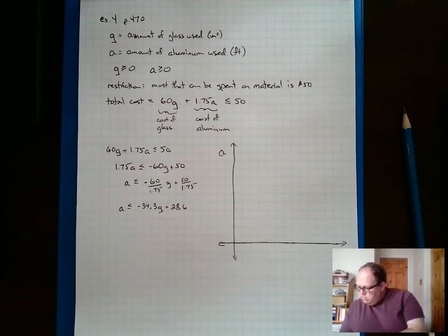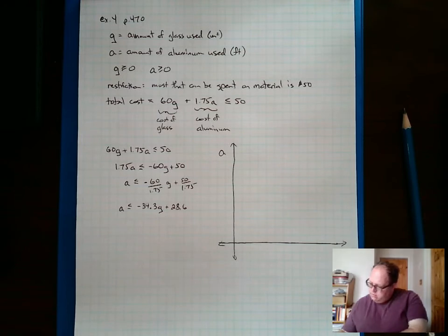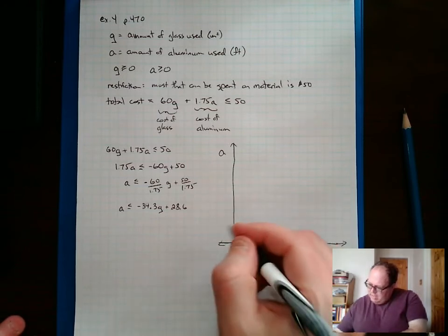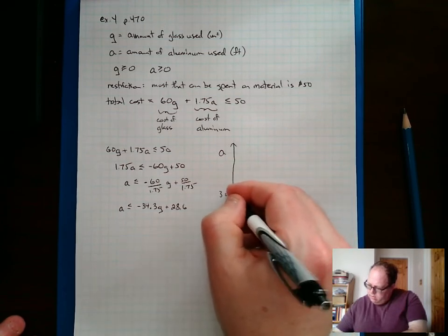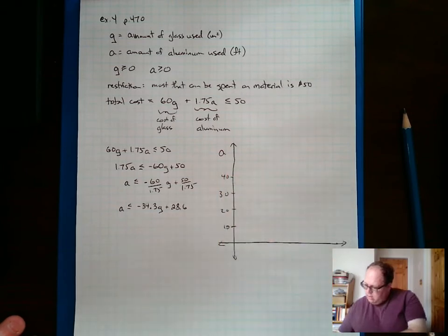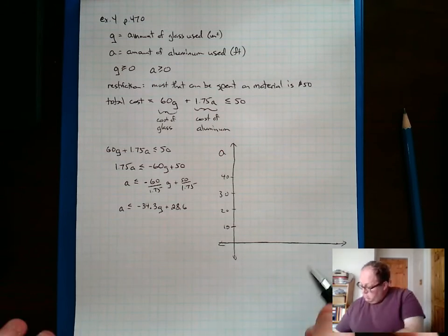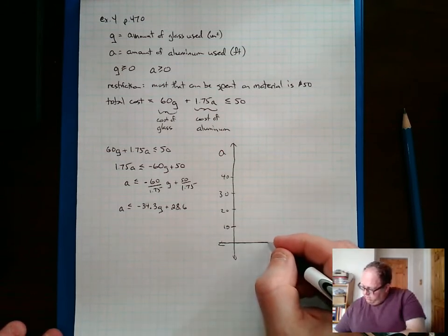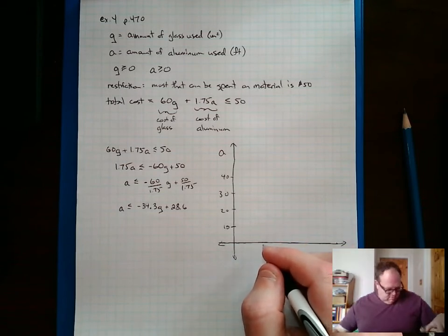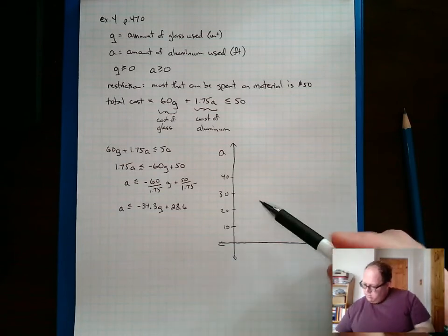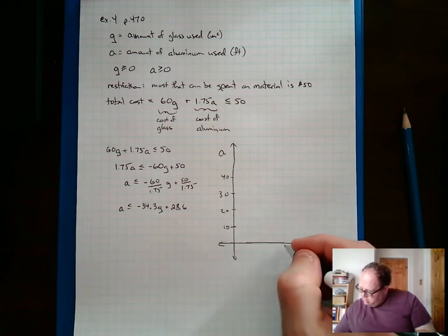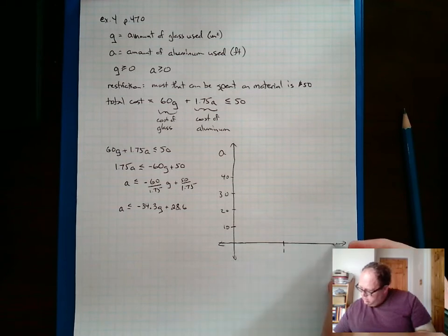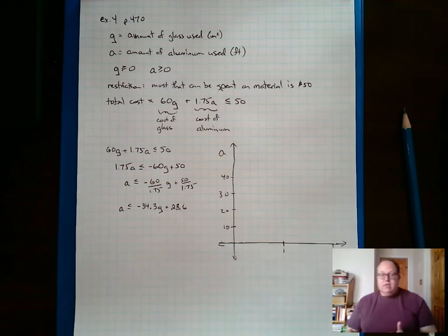So if I go up by tens in aluminum every 2 units, and if I go over by 1 for every 4 units, that should be plenty, I think. Oh, I don't even need to go that far. 1, 2. Okay, that's enough of a scale to let me draw this.